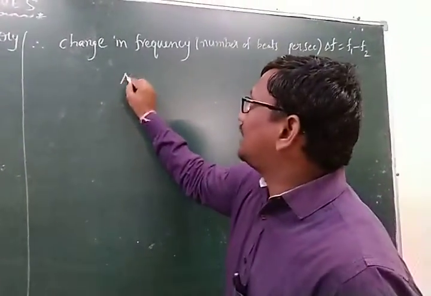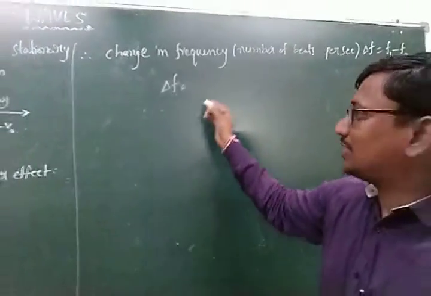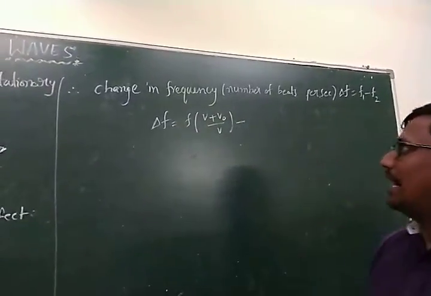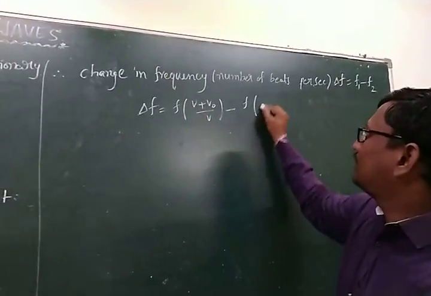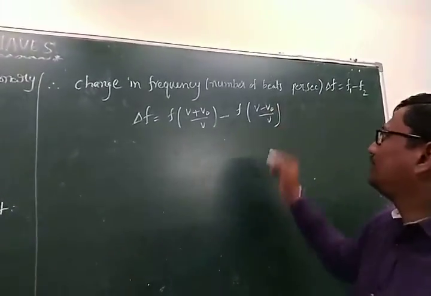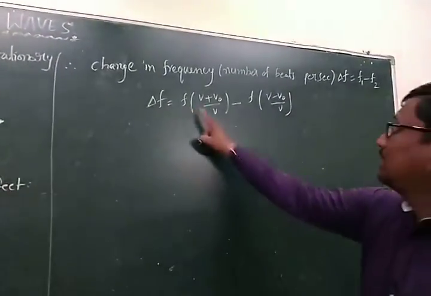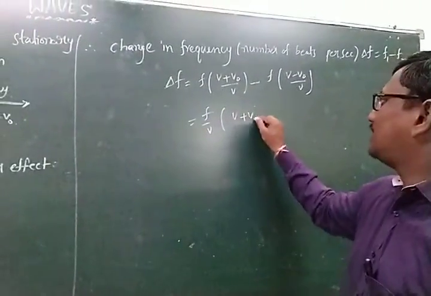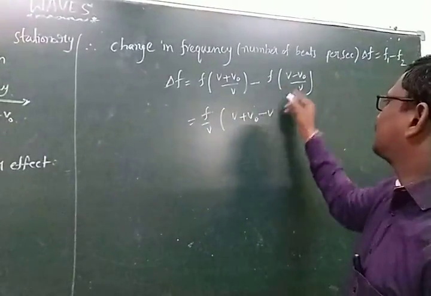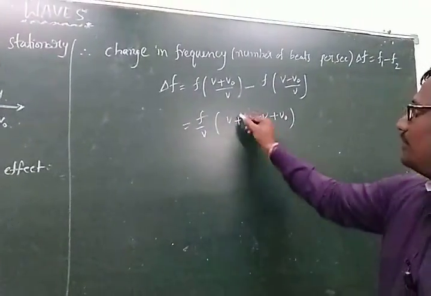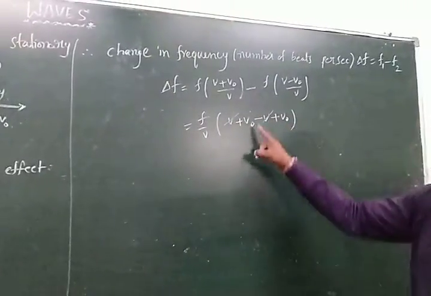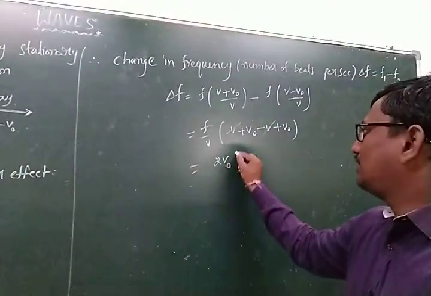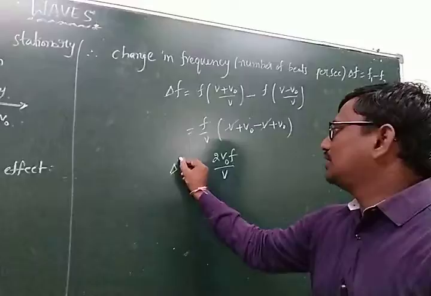Delta f is equal to f into v plus v naught by v minus f into v minus v naught by v. Here what is taken common? F by v. Then v plus v naught minus v plus v naught. So plus v minus v gets cancelled, plus v naught, 2 v naught. We can write 2 v naught into f by v is equal to delta f.